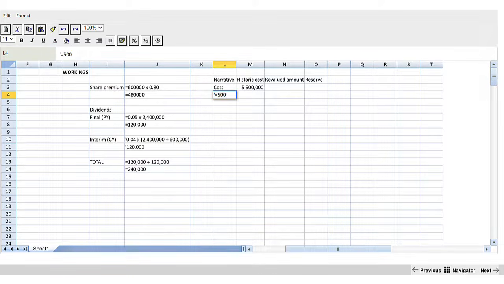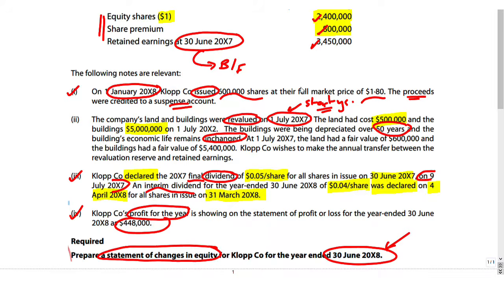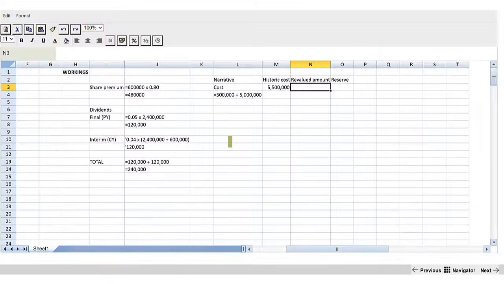Put it in a small little working. The more you get better at putting in workings, the better things become. So show the marker what you've done in case there are any daft mistakes that you make. And then what happens is that we revalued it, didn't we? How much did we revalue it to? Well, the land was 600,000 and the buildings 5.4 million. So again, what we've got there.